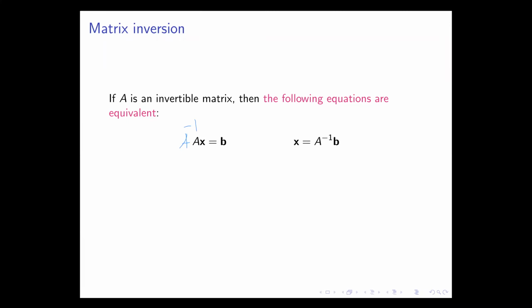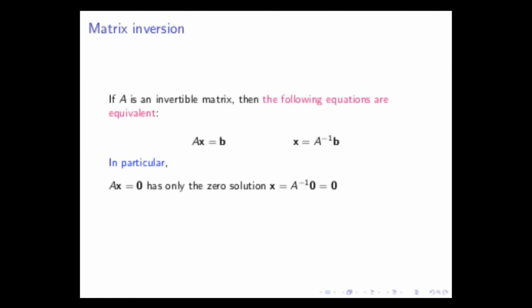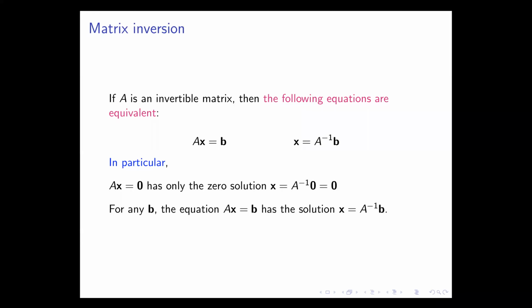And A inverse times A is equal to 1. And on the right, we get A inverse times B. So if Ax equals 0 has only the 0 solution, then X is equal to A inverse times 0, which is 0, which means that the matrix A has to be invertible.